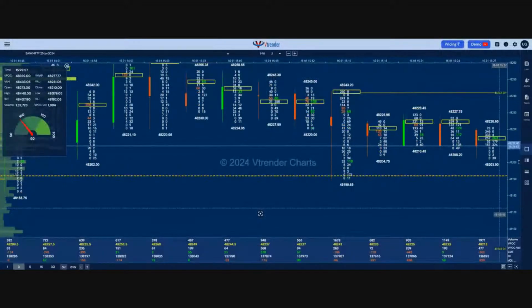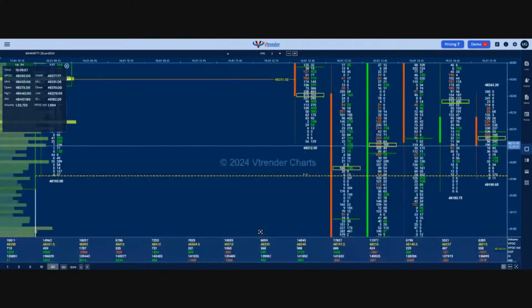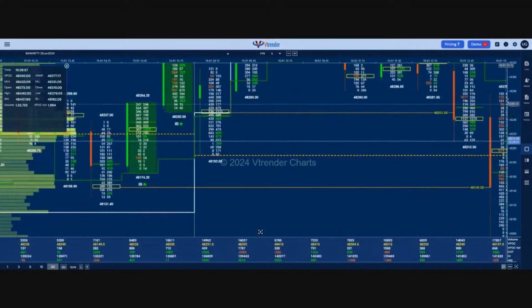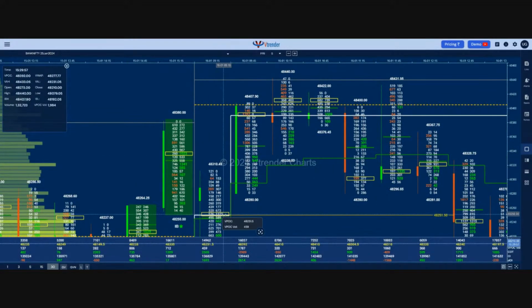I'll just quickly put on the 30-minute order flow so that we are watching the 30-minute order flow chart here.